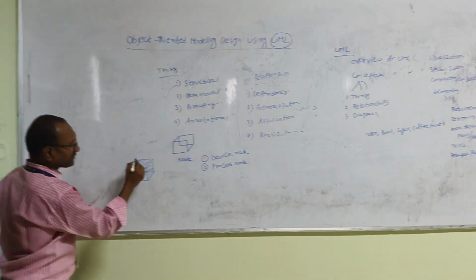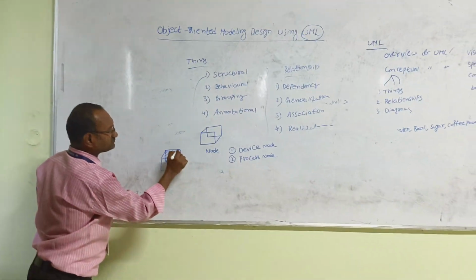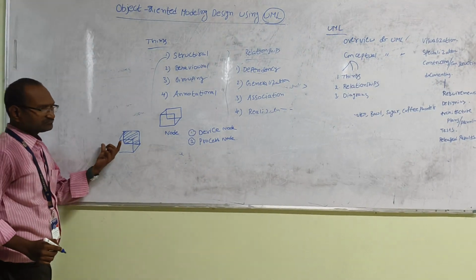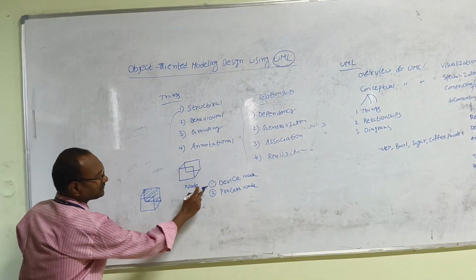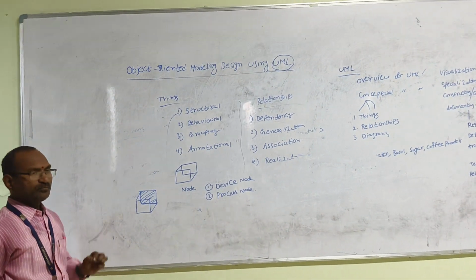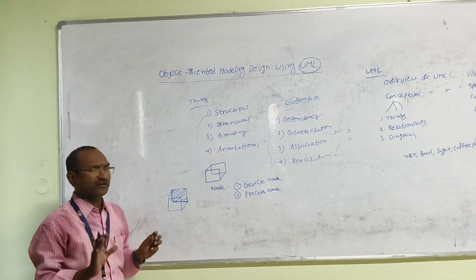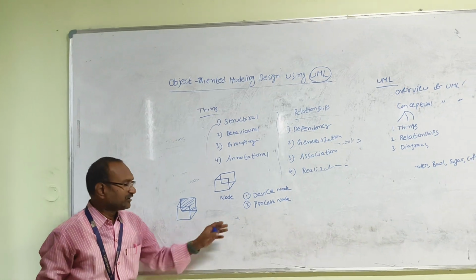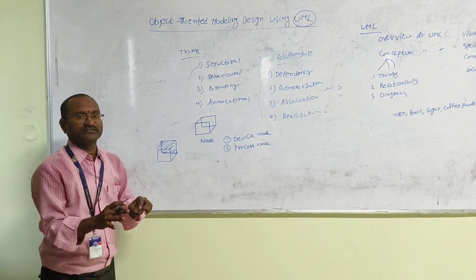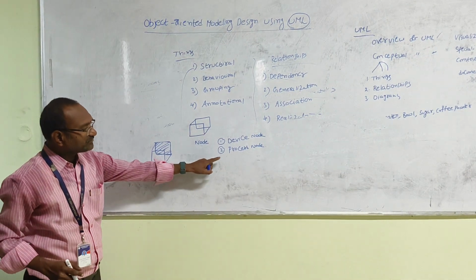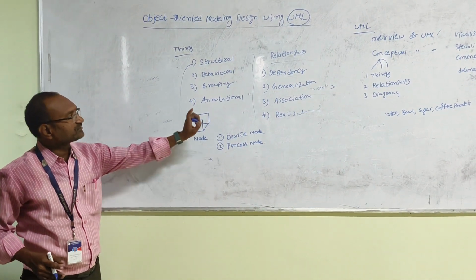The device node has a generally recognized symbol, and the processor node is a dark rectangle design. A device node can participate in the process generally or commonly, but a processor node is involved in the entire process. That is the main difference between device node and processor node.